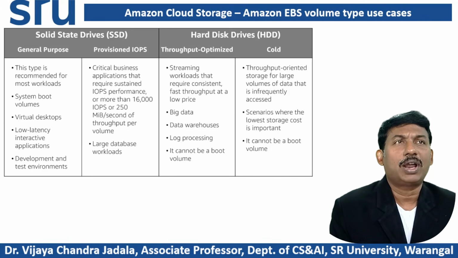Then hard disk drives HDD cold is throughput oriented storage for large volumes of data that is infrequently accessed, for scenarios where the lowest storage cost is very important. It cannot be a boot volume.